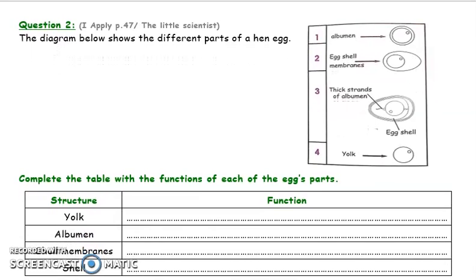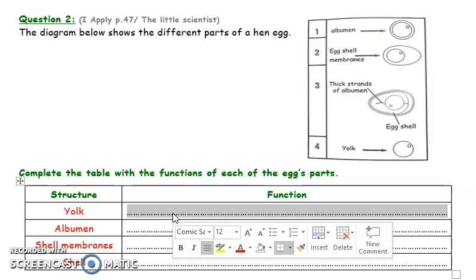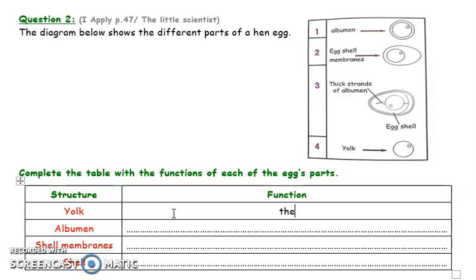Question number 2. The diagram below shows the different parts of an egg. The different parts are the yolk, the albumin, the shell membrane, and the shell. The yolk is the yellow part of the egg, and it is the food supply for the developing embryo inside the egg.